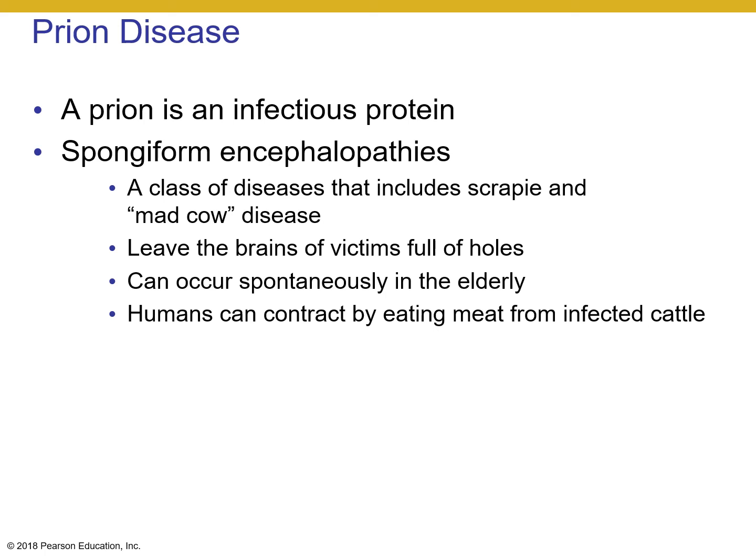And mainly what that means is that your brain looks like a sponge because it's got big holes in it. Very rarely can a human get this by eating meat from infected cattle. Usually it's only those people who suck the marrow out of the bones, and they are immunocompromised to begin with.